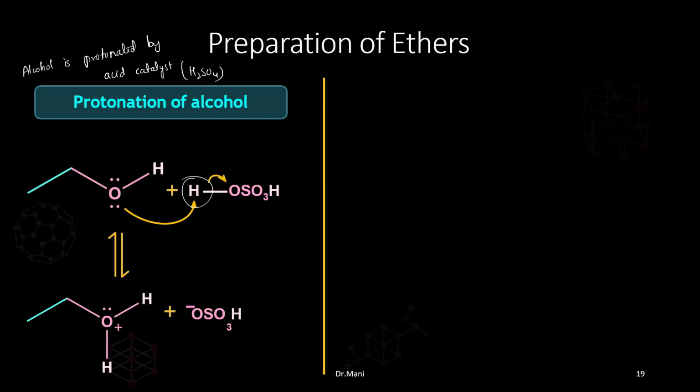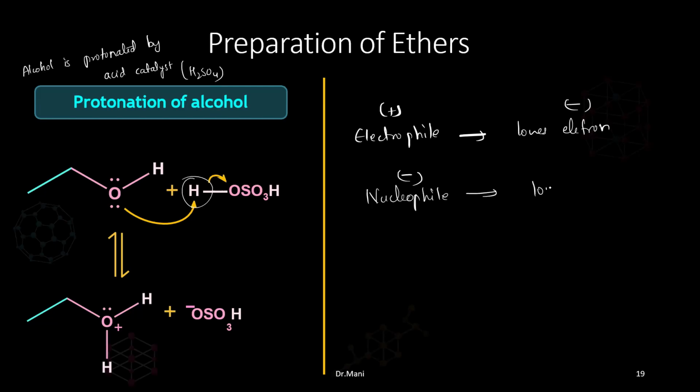Electrophile means it loves electrons. Just remember, an electrophile has a positive charge, which loves the negative charge, the electrons. A nucleophile is a negative one, so it loves the positive charge, or you can say protons.